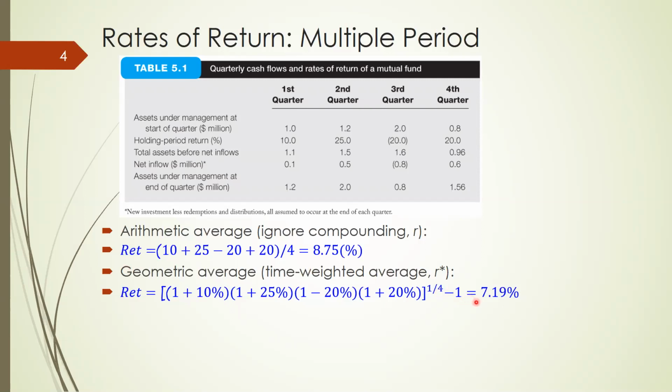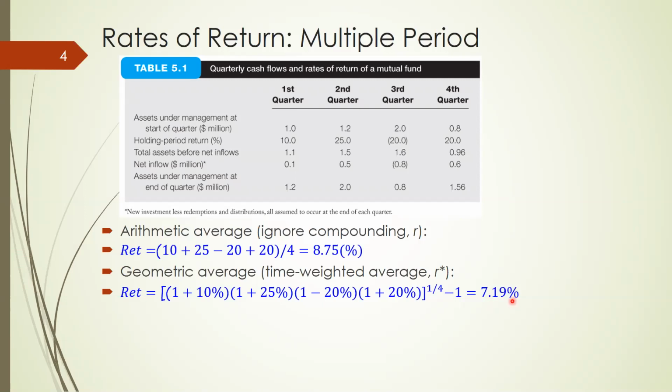The geometric average return is 7.19%. So basically, the compounded return using the 4 realized returns is equal to the compounded return for the 4 quarters using the geometric average return, 7.19%.